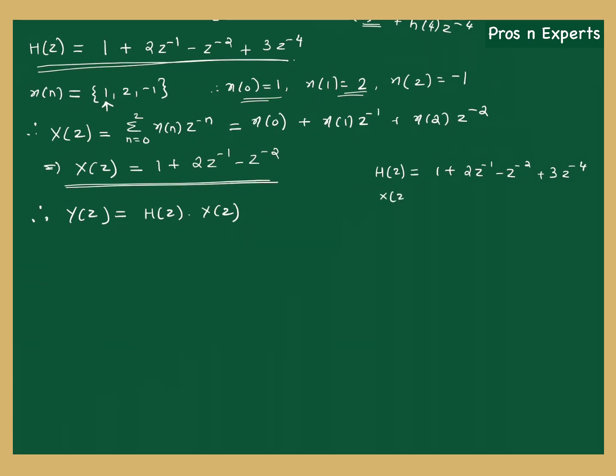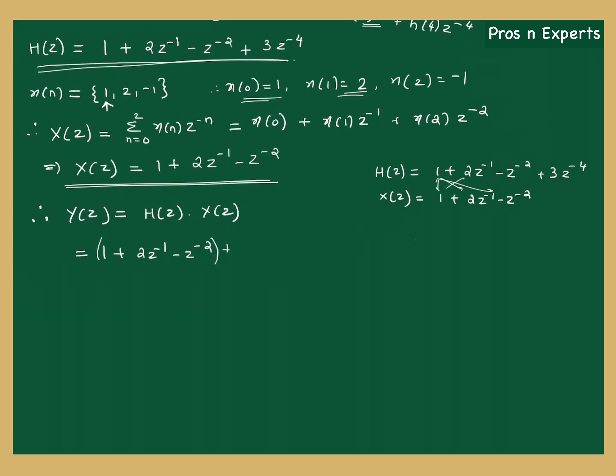And X(z) is equal to 1 plus 2z inverse minus z inverse 2. Let us try to find out Y(z). We can multiply like this: 1 plus 2z inverse minus z inverse 2.